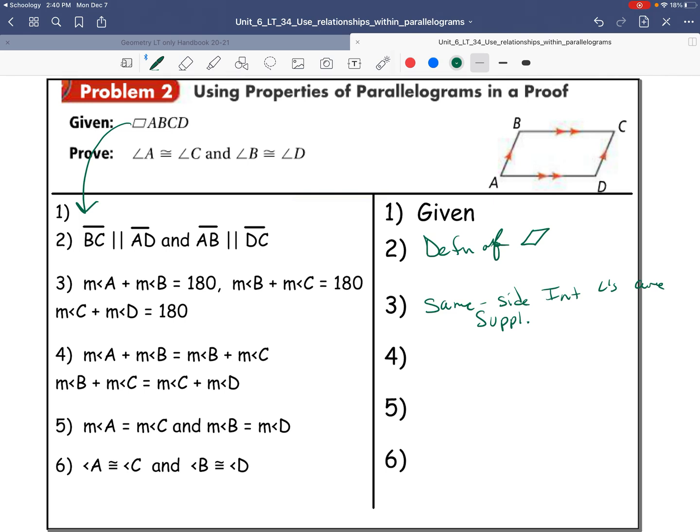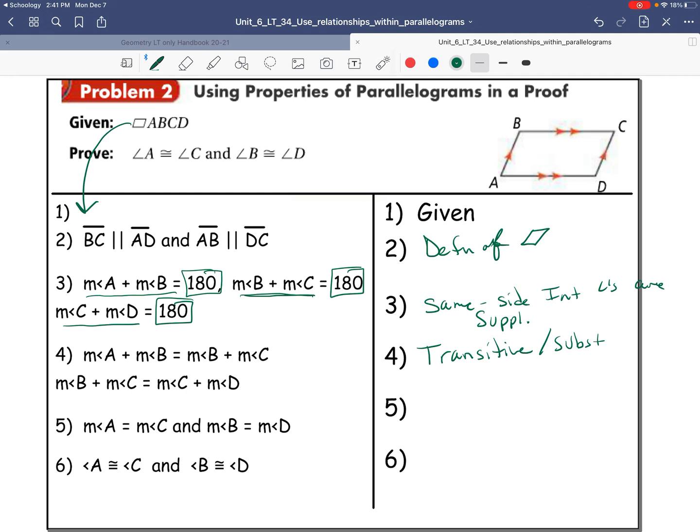Looking at line 4, what allows you to say that A plus B is equal to B plus C? And then to say that B plus C is equal to C plus D. Now notice they're all equal to 180, so this would be by transitive property or substitution.